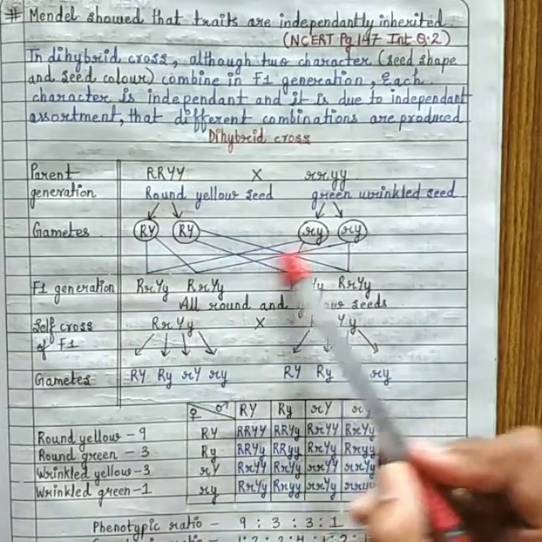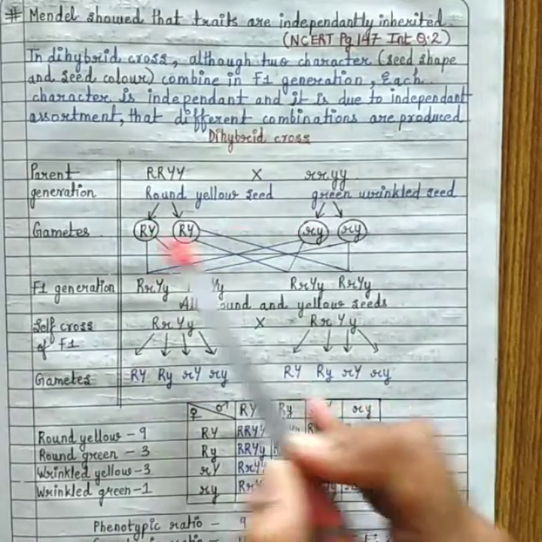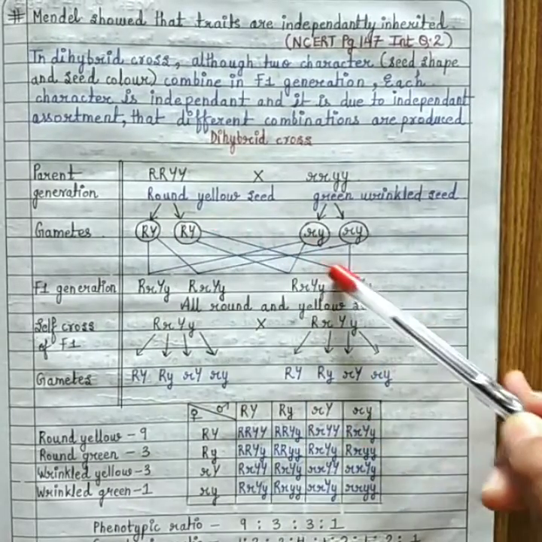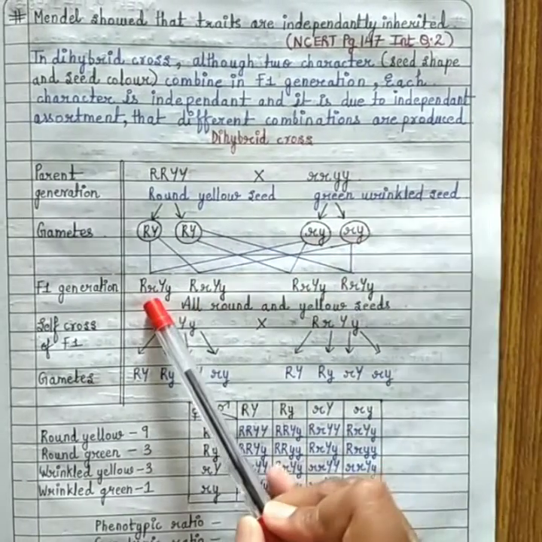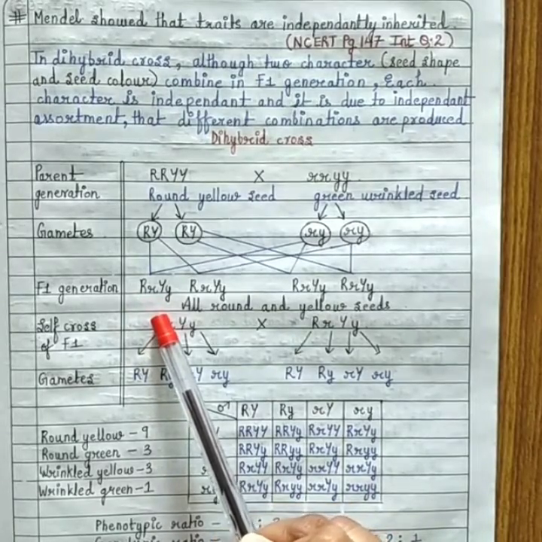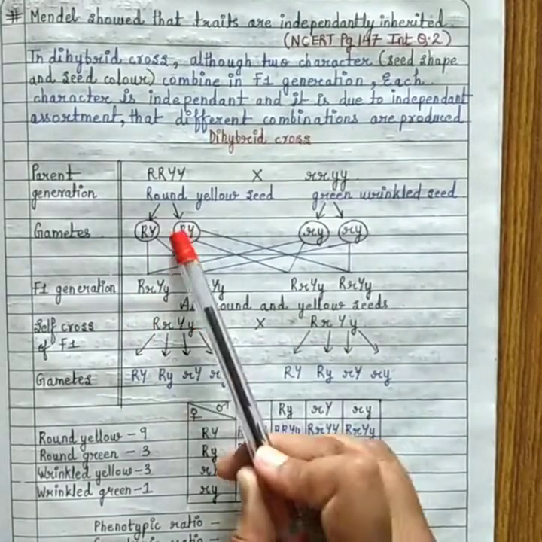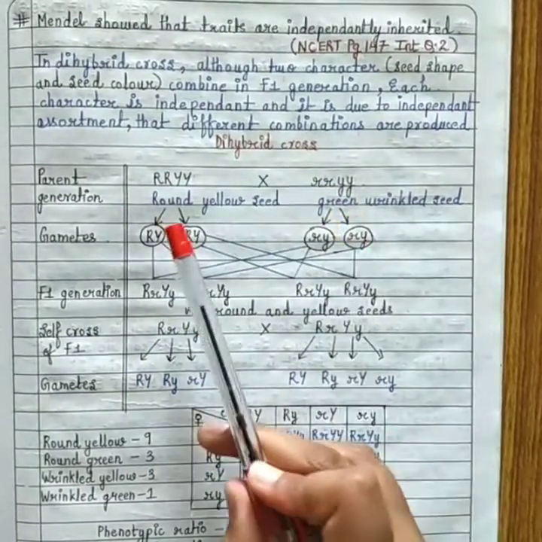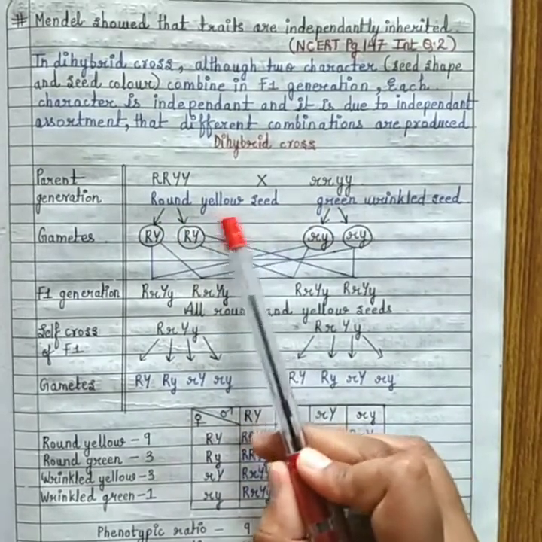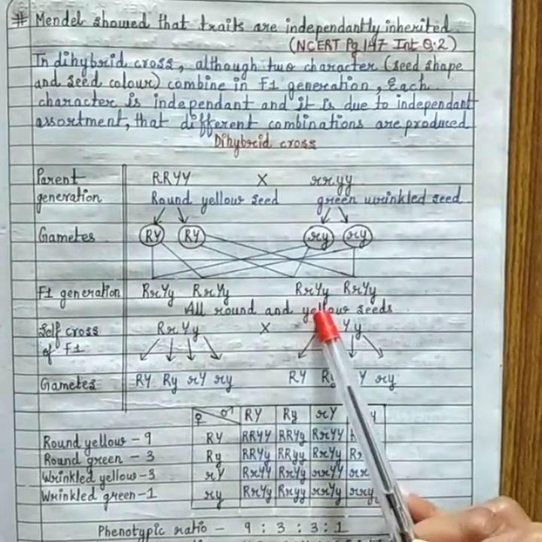Now again crossing होगी. First one with the first one, with the second one. Now second one with the first one and second one with the second one. Now what will we get? As in the monohybrid cross, पूरा dominant वाला ही F1 generation में appear करेगा. तो round and wrinkled में it was round जो dominant था और yellow और green में it was yellow which was dominant. So round and yellow seeds होंगे सारे.